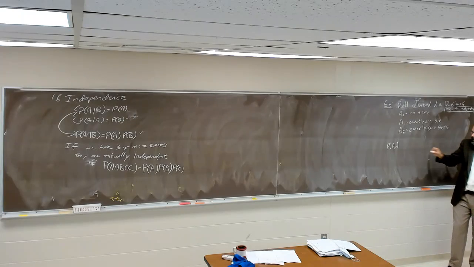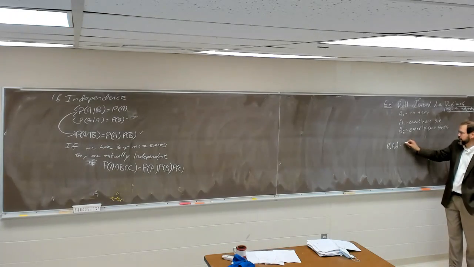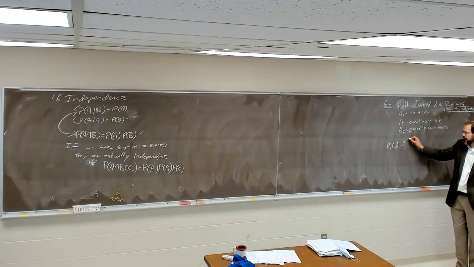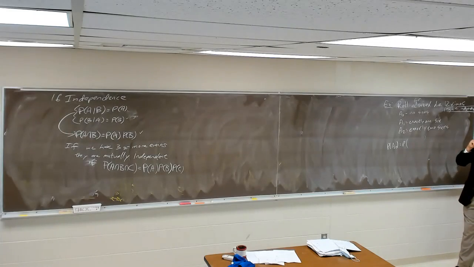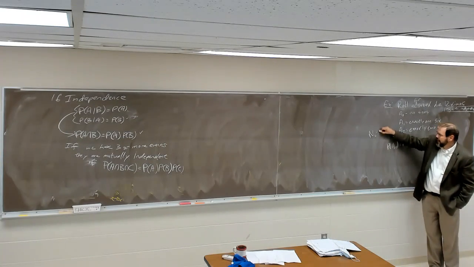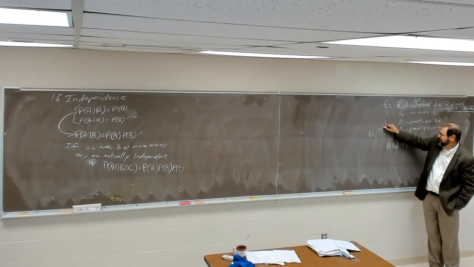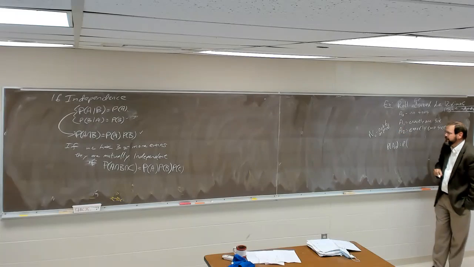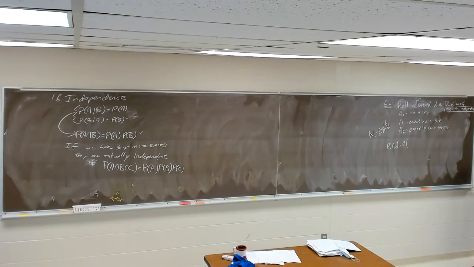Every roll is a number, right? And so there's a couple ways I could write it. Ultimately I won't want to write it out this way every time. But let's just say N sub i is a not 6 on the ith roll. Right? N sub i, what do I mean by that? That's the event where I get a not 6, a 1, 2, 3, 4, or 5 on the ith roll.